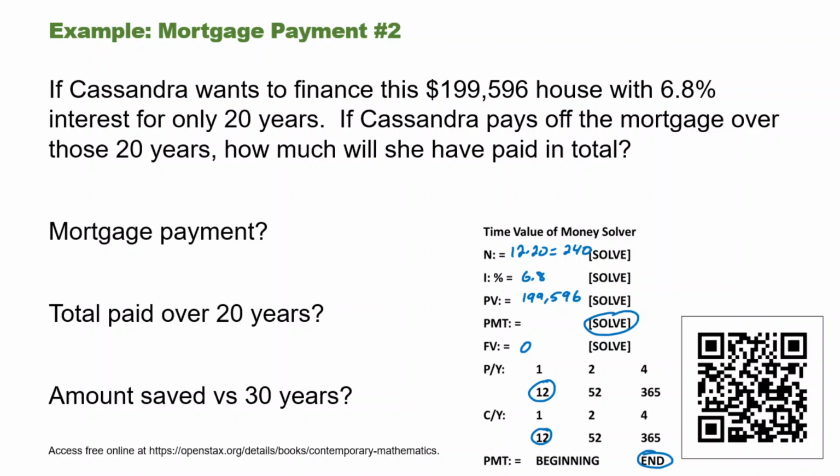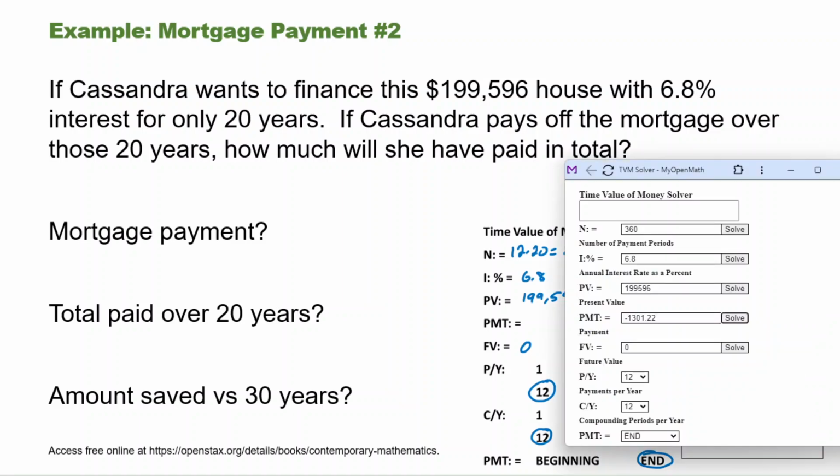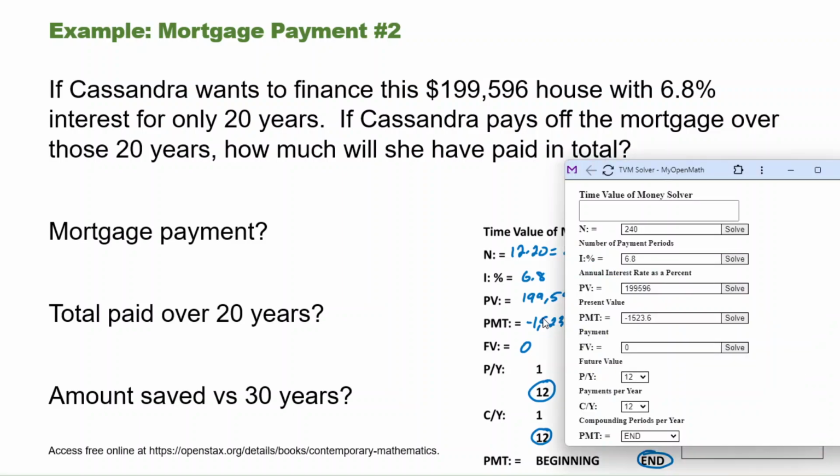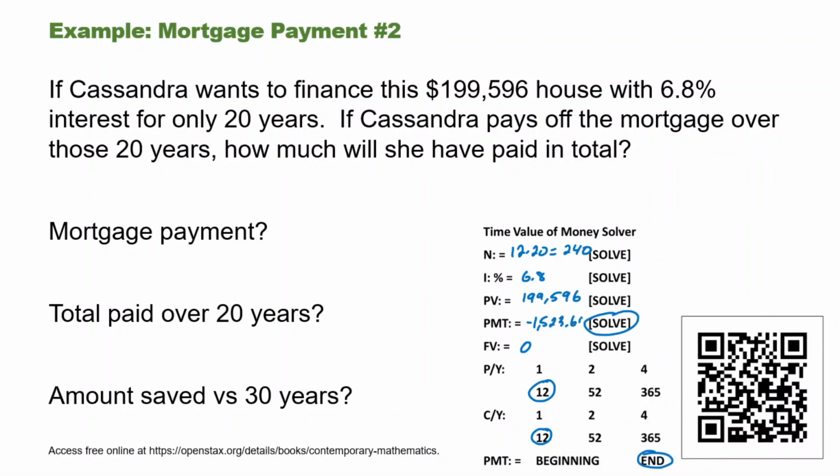Now this is the exact same TVM solver setup that I have except for capital N. So I'm going to go back to my TVM solver and modify that. I'm going to change my capital N to be 240 and leave all other values the same. I'm going to click solve on payment to recalculate that. So the payment would be negative $1,523.60.